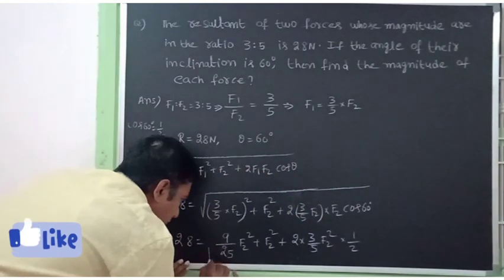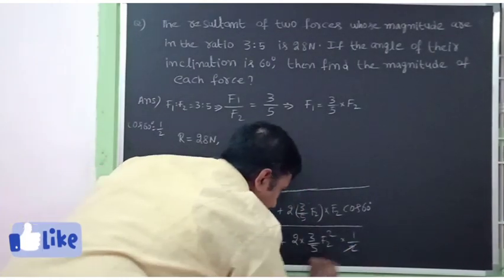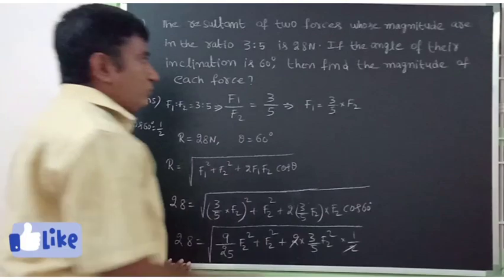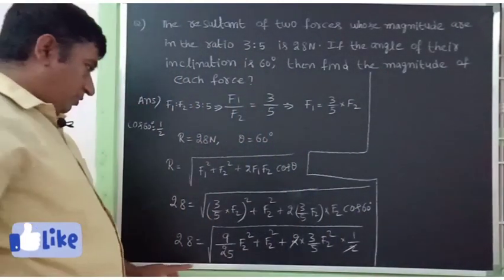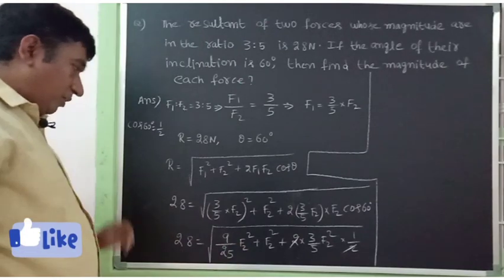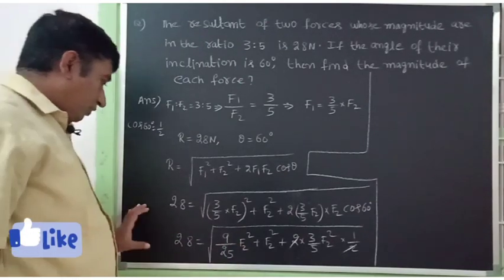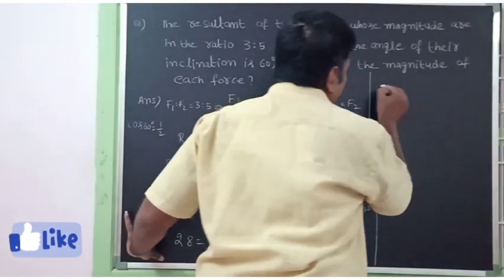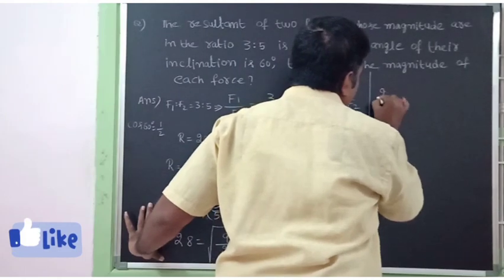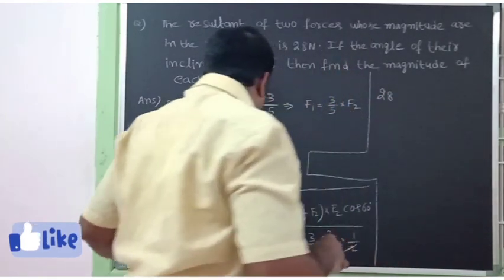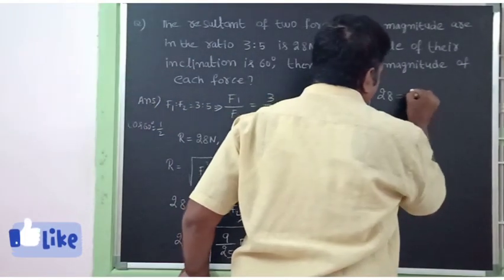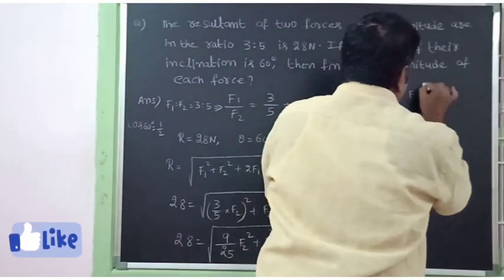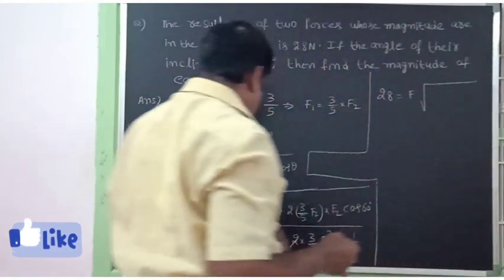So the 2 gets cancelled. With the help of this, I can take out F2 as common, so we can write 28 is equal to F2 taken out as common.